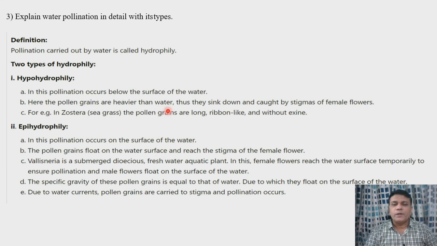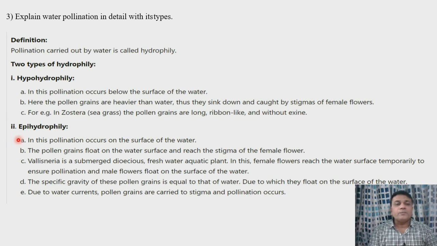Hence, as the pollen grains are heavier than water, they sink down and are caught by the stigmas of female flowers present inside the water. Now the example is the Zostera plant. It is also called seagrass. Then the pollen grains in Zostera or seagrass are long, ribbon-like, and show absence of exine.